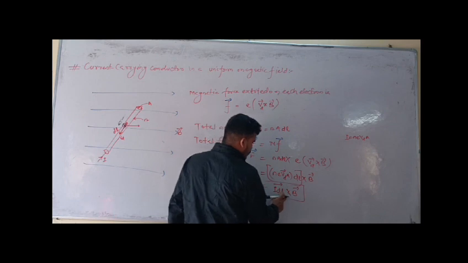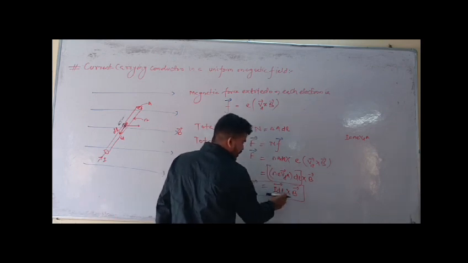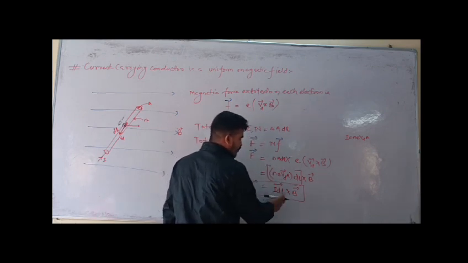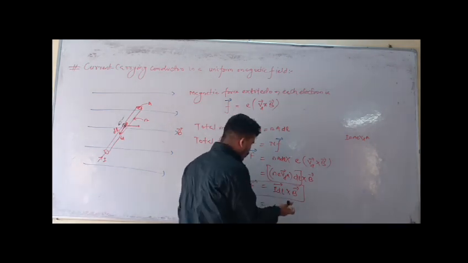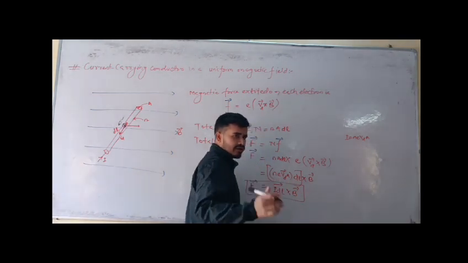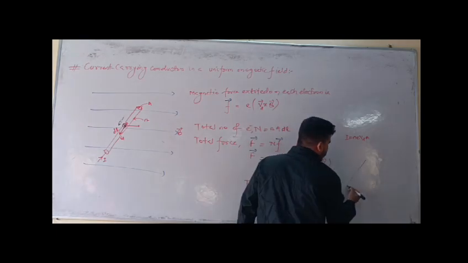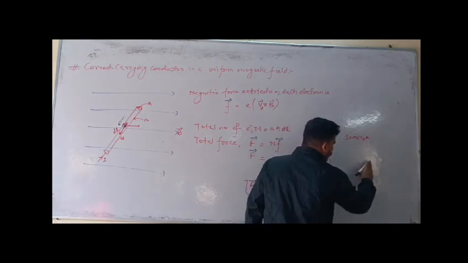and tell me, this was for dl. If you have the entire length L, you will put L here. If you know the length, if this is the length, I took this length dl.